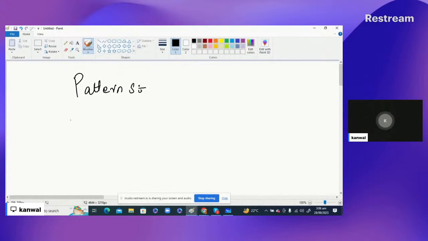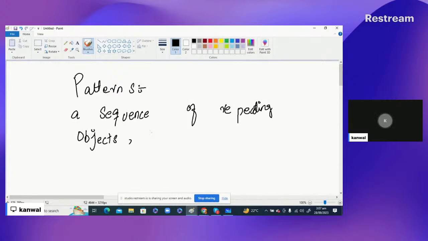A pattern is a sequence of repeating objects, shapes, or numbers.